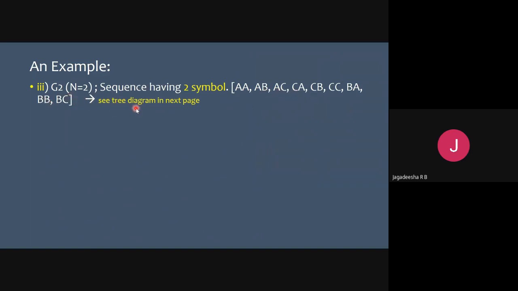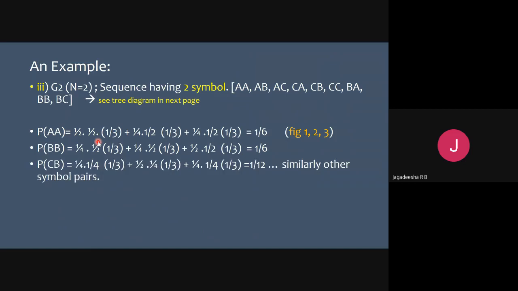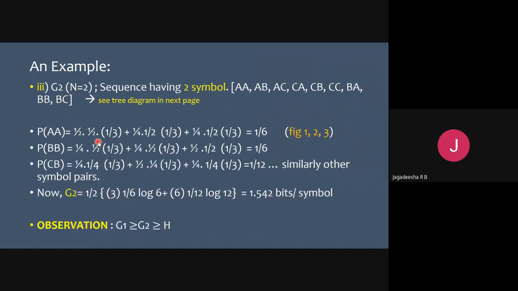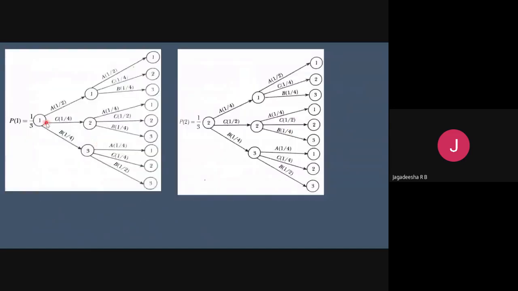You can refer to the tree diagram. Then how to find out these values. Suppose it generates A, then what possibilities do we have? What's the probability? I will refer to the tree diagram in the next slide. Generating A. So A is here, A is here. So the probabilities are 1 by 2 and 1 by 2.